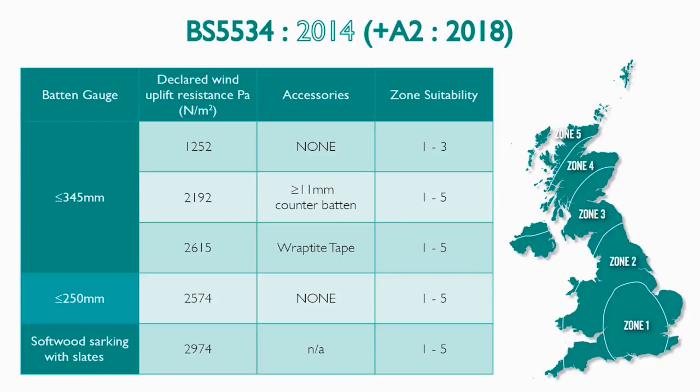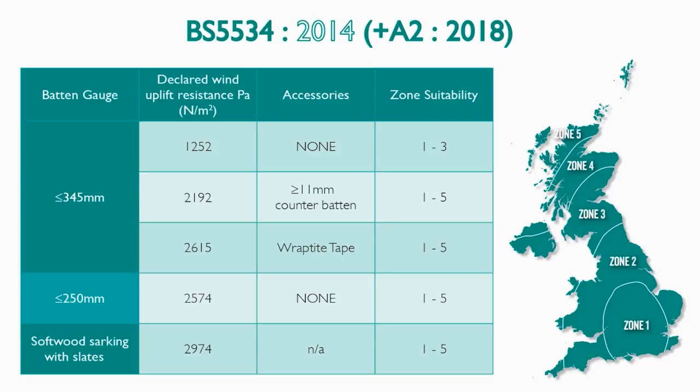As we can see here, in zones 1 to 3, no special measures are required at 345mm batten spacing centres. However, in more extreme conditions of zones 4 and 5, designers will either need to reduce their batten spacing to 250mm, fit counter battens or tape joints. If, however, they're using traditional Scottish slates into softwood sarking, then use is unrestricted in all zones.